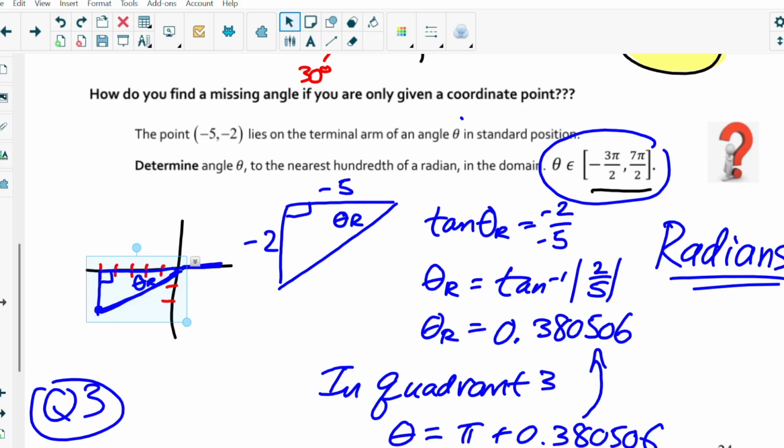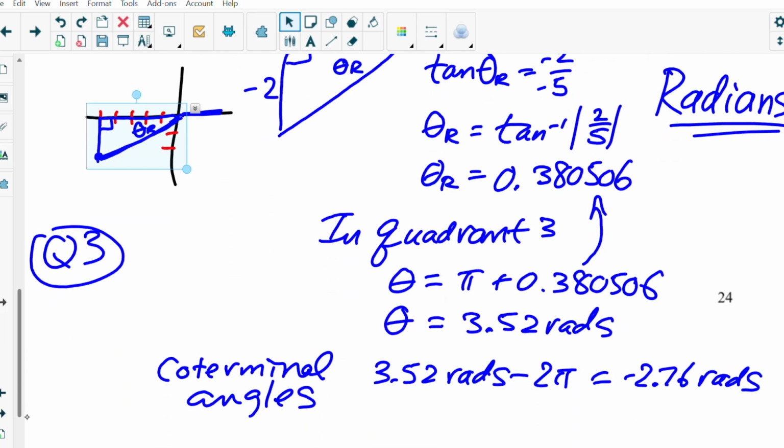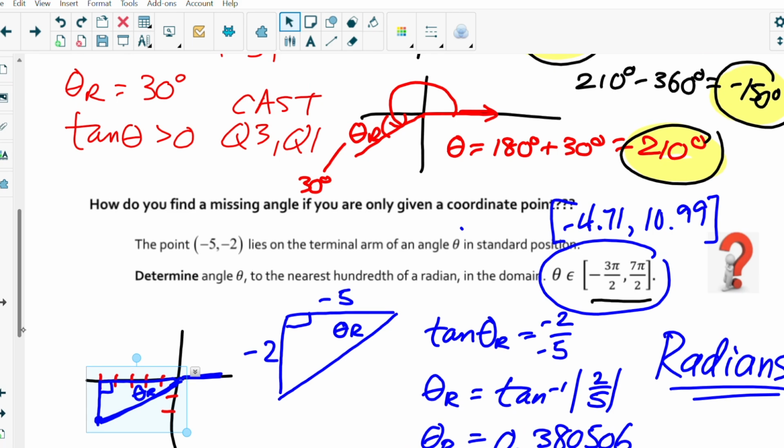So negative 3 pi divided by 2 is roughly negative 4.71 radians, bounded by 7 pi over 2. 7 pi over 2, that's 10.99 radians. Okay, so let's keep that in mind when we're doing our coterminal angles.